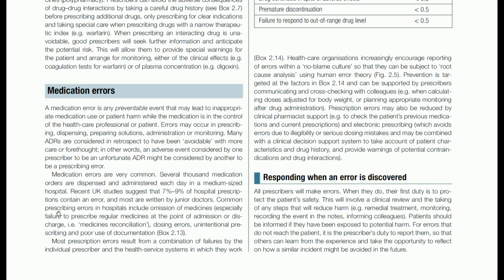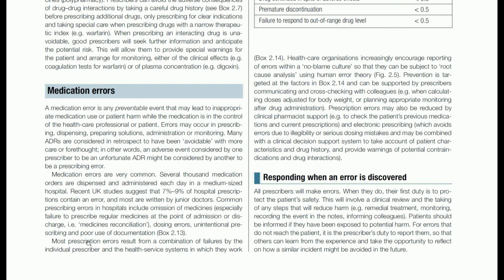Common prescribing errors in hospitals include omission of medicines, especially failure to prescribe regular medicines at the point of admission or discharge, for example medicines reconciliation, dosing errors, unintentional prescribing, and poor use of documentation.